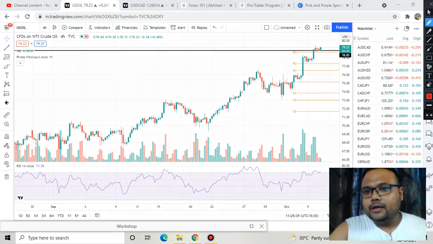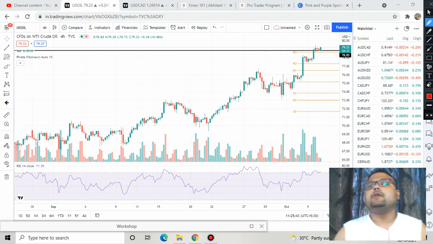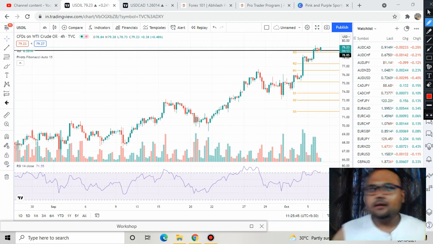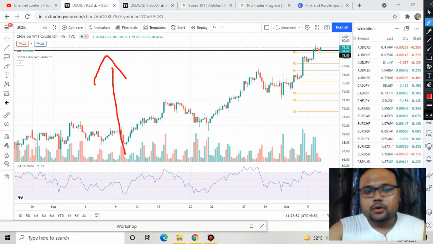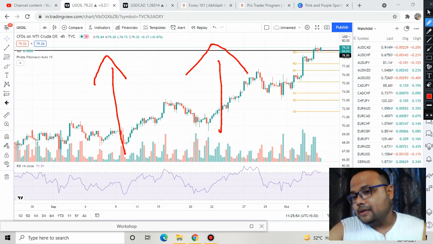If you look at the chart of crude oil here, I'll be making a separate video on how crude oil affects the Canadian dollar and USD CAD. But just try to understand that whenever the price of crude oil goes up, the Canadian dollar goes up.